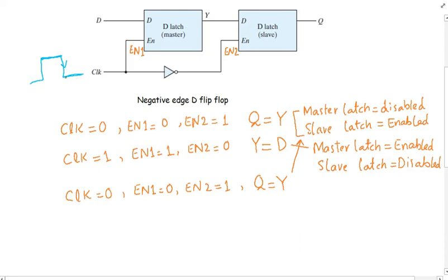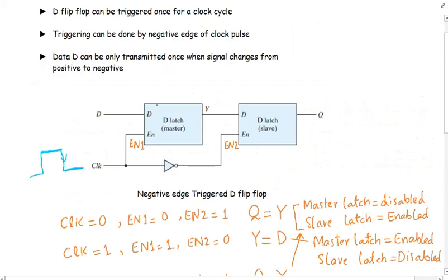Now if the signal remains negative and data changes here at input, it will not be transferred to the output because this latch is disabled. So in this case, data is only transferred when a signal changes from positive to negative. That is why this latch is called a negative edge triggered D flip-flop.